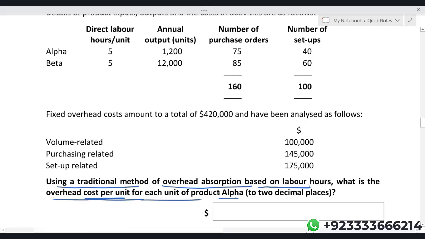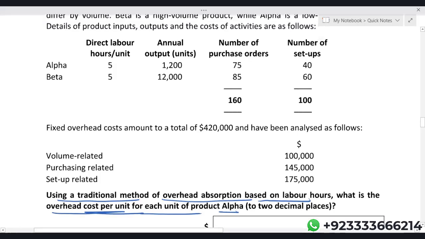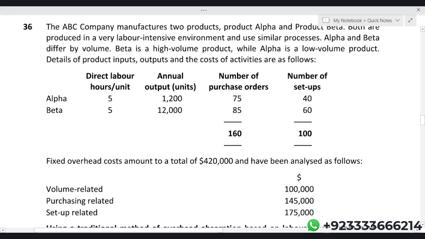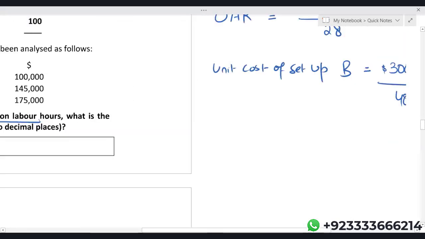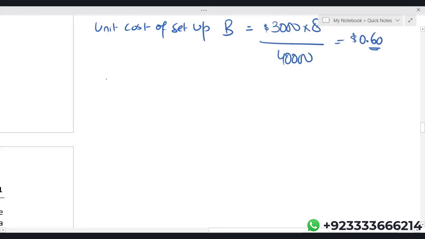So simply, student, first we need to calculate the fixed overhead rate per labor hour for ABC company. Then it will become easy to calculate the result. Question 36. We have to first calculate the FOH rate.